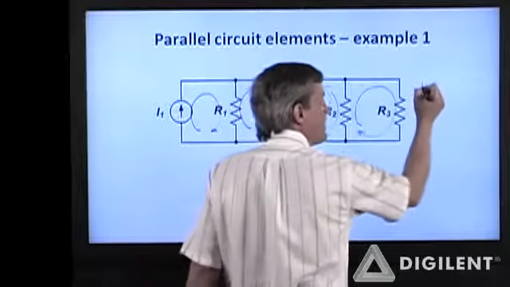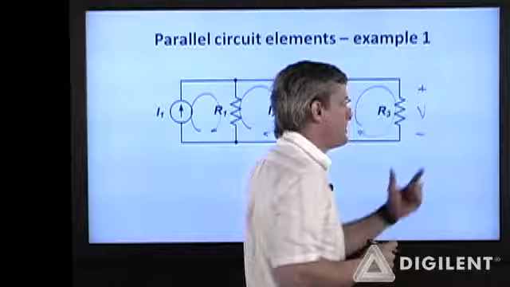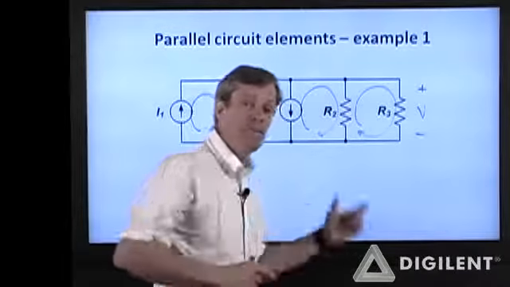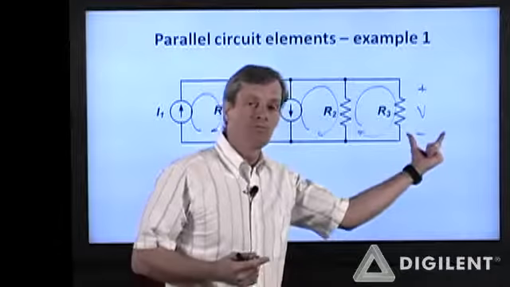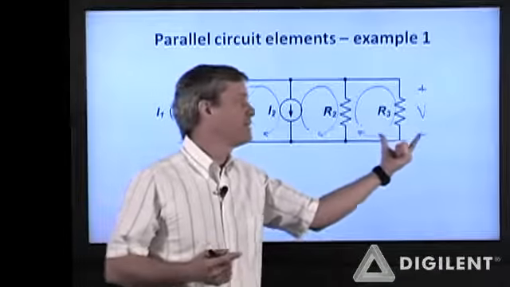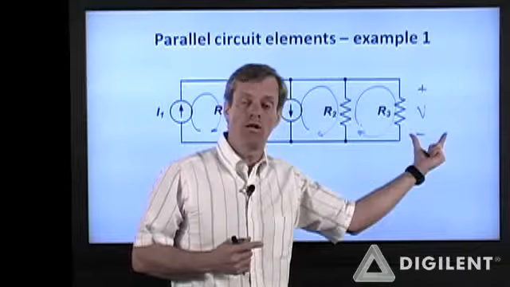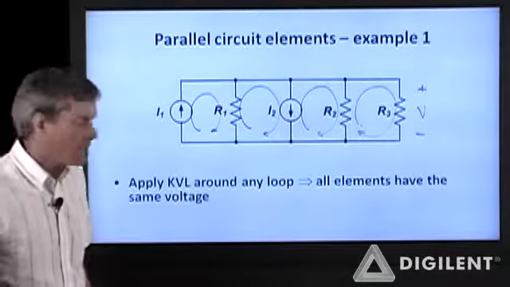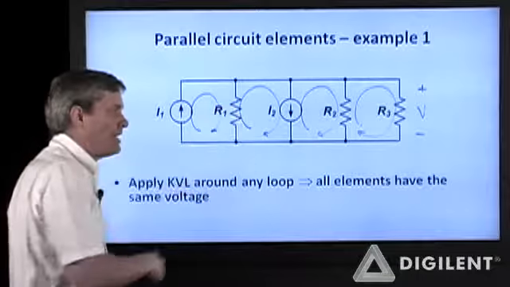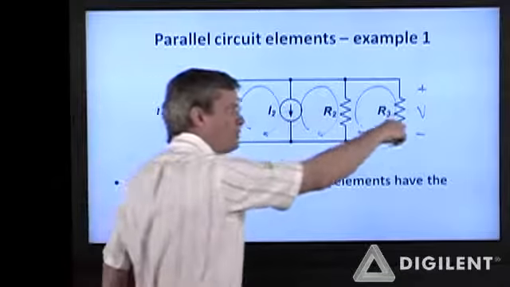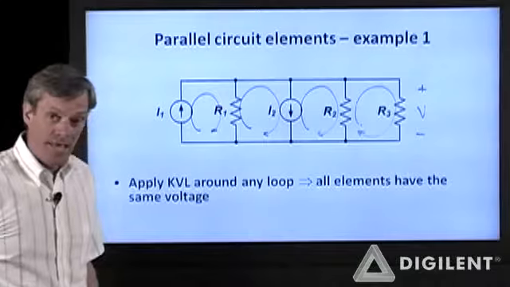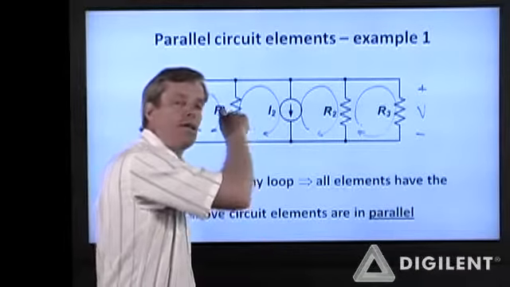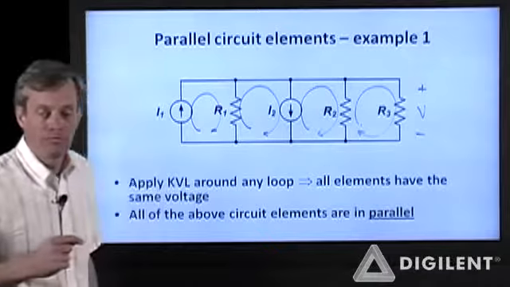I can assign that a single variable named V. I don't need to keep track of, in my equations, the different voltages across the different elements because they're all the same value all the time. So, if I apply KVL around any loop, all of these voltages will turn out to be the same all the time. These are all in parallel by definition.